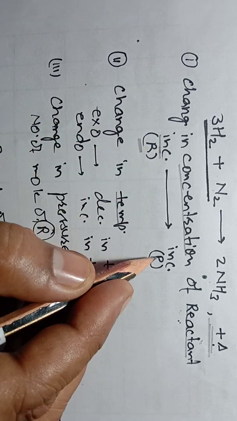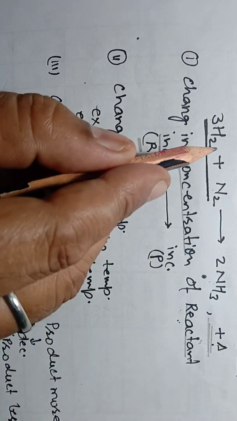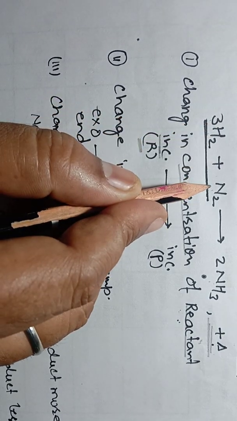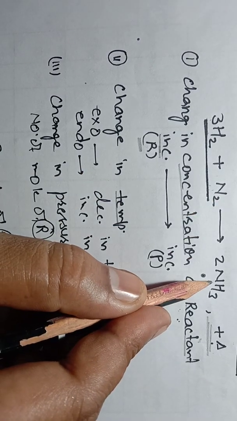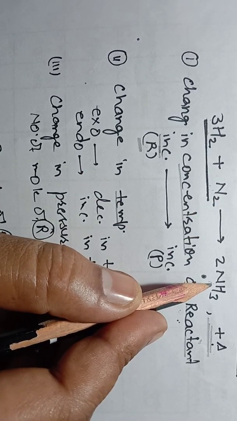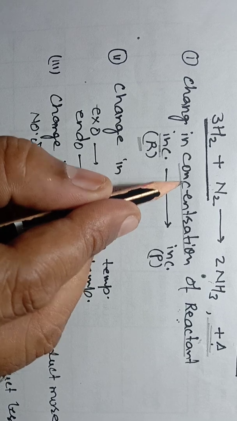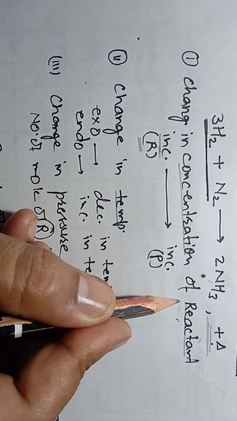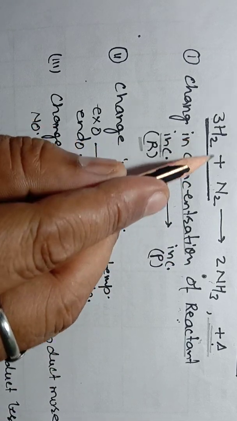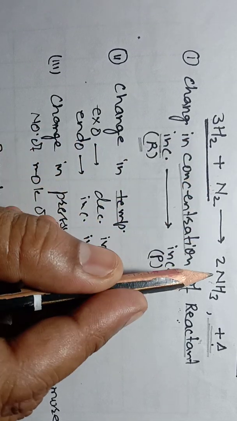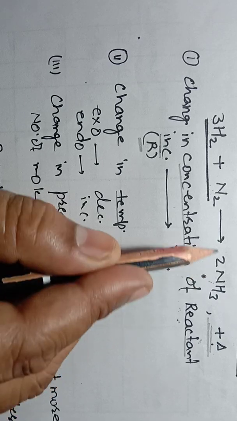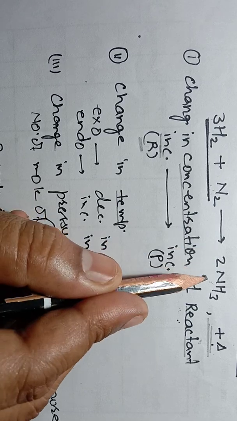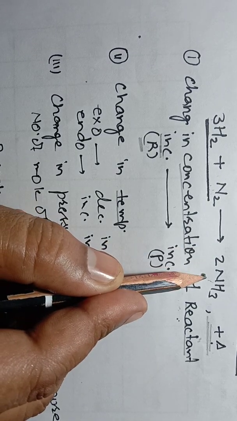Same here also: if you are increasing the amount of hydrogen and nitrogen, you are going to get more amount of ammonia. So we add more reactant, and then we get more product. In the same way, if we decrease the amount of reactant, the amount of product will also decrease.